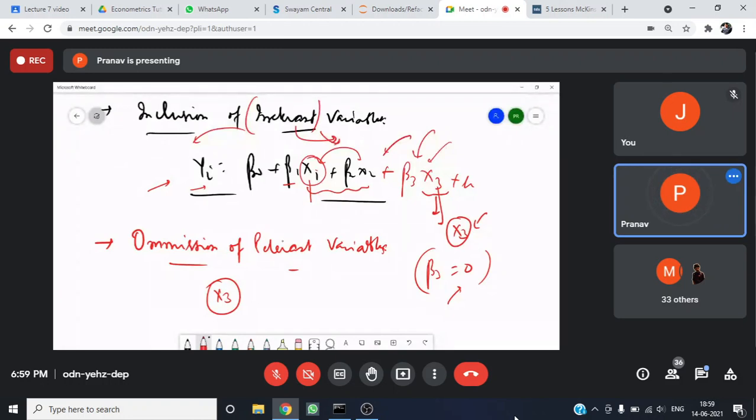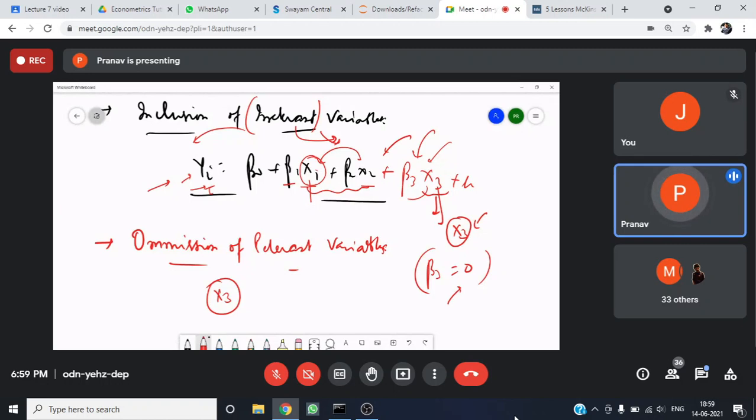Meaning, x3 may have some sort of correlation with the response variable, but when you already take x1 and x2 explicitly in the model, x3 no longer has a separate partial influence on the expected value of y.